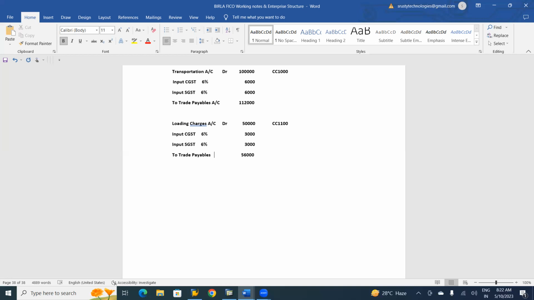And every cost center will have a business area. So automatically the business area will be updated. For example, it will pick PHYD.